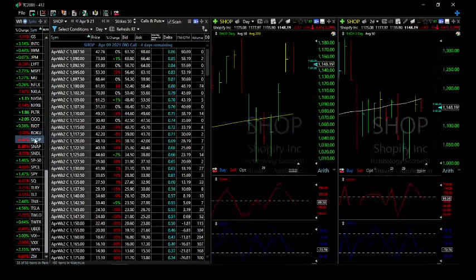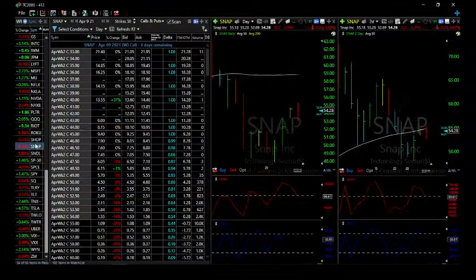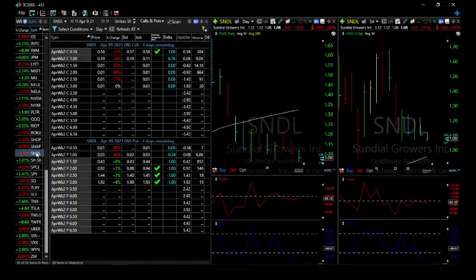Cool. Shopify. Snap. SNDL. It's another one of those stocks that went crazy in the Reddit community. It's indicating a buy, but it's going back and forth.